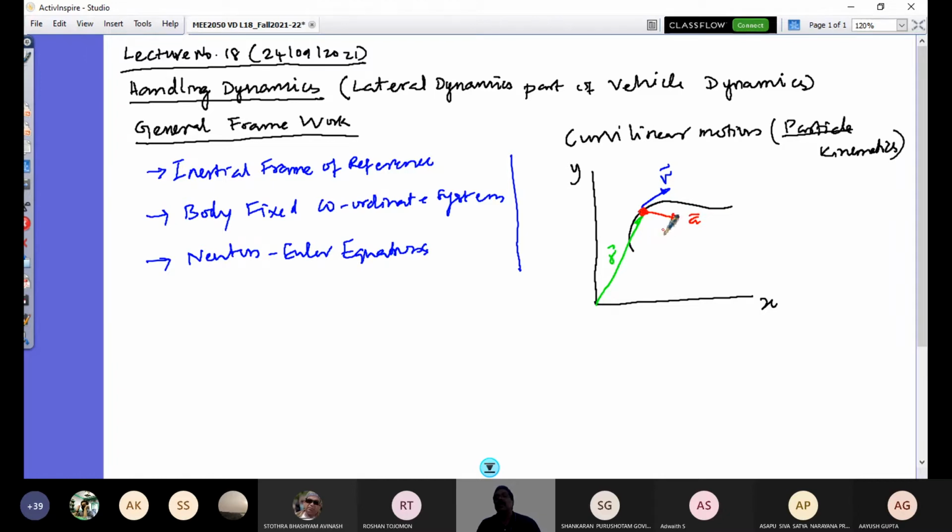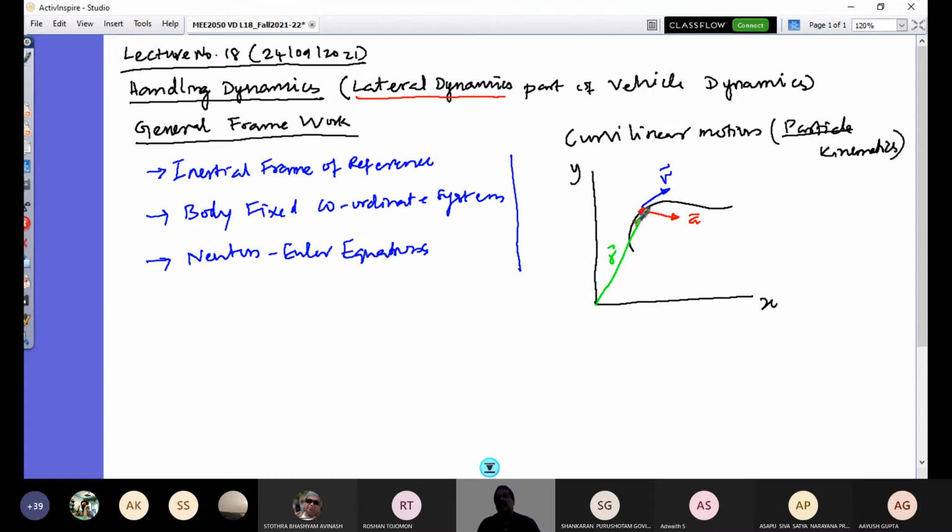So you studied this well in your rigid body mechanics. You would have two components of this: one is tangential and one is normal. The tangential component is responsible for change in magnitude of velocity. The normal component is for holding the vehicle on the curve and so on. So the lateral or normal acceleration is primarily what matters for your handling dynamics, that is, to have directional control.